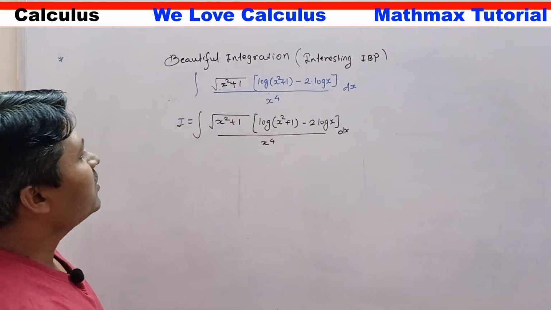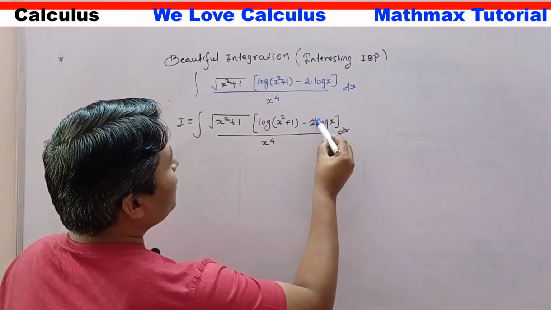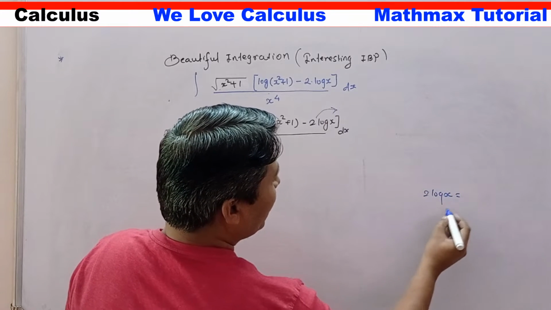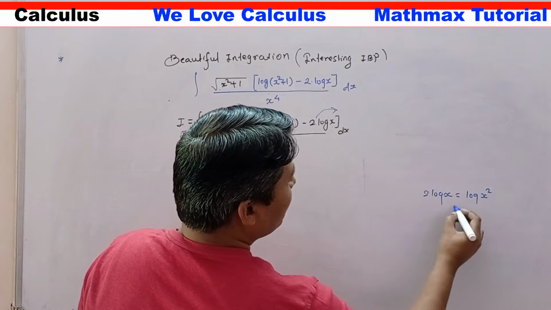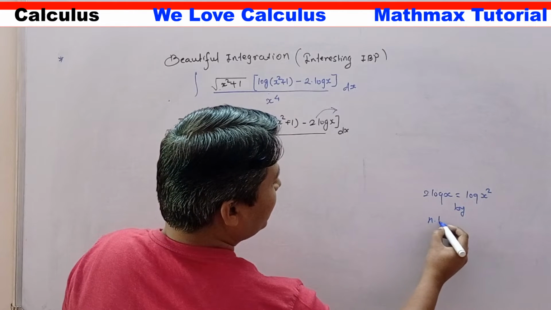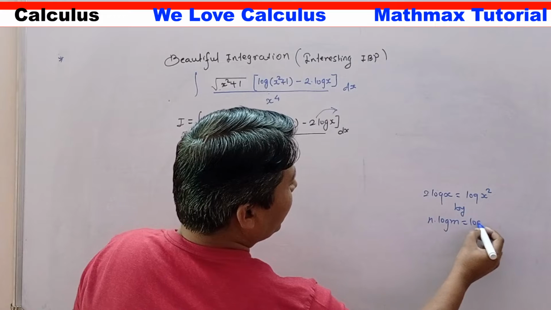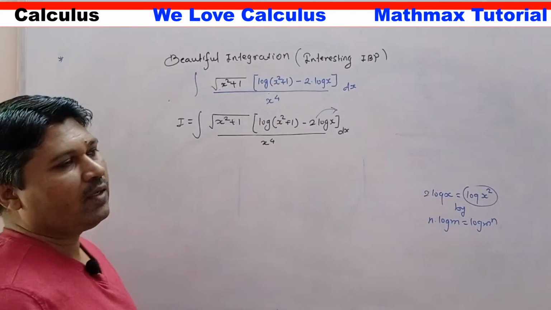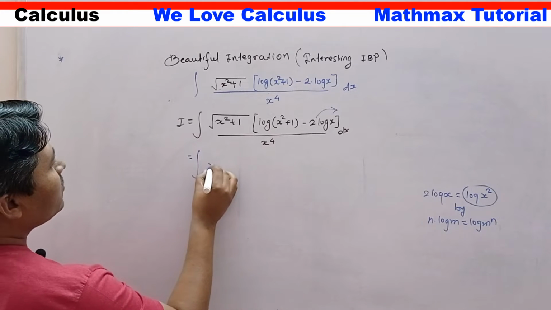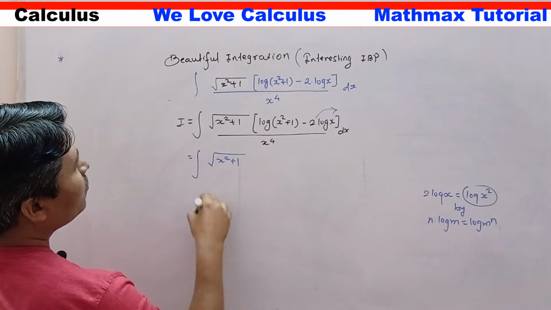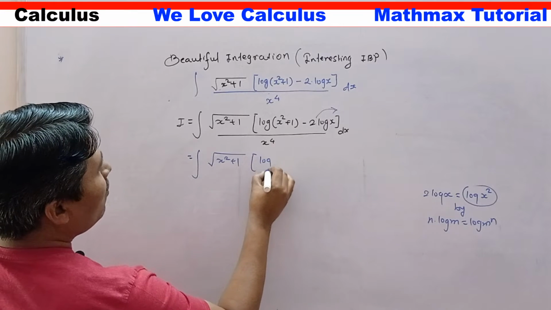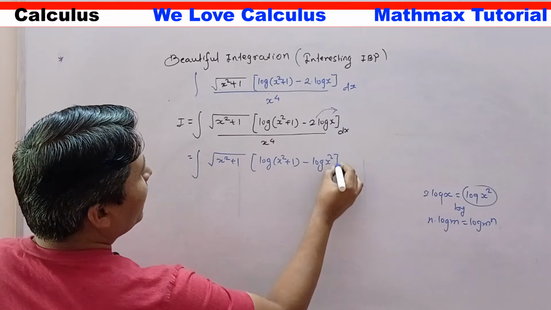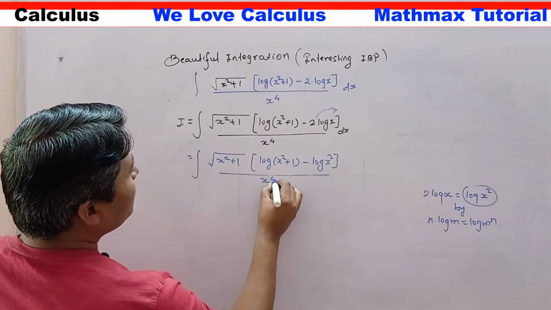Now, in the simplification process, 2 log x we can write as log x square, since n log m equals log m raised to n. Therefore the integral becomes root of (x square plus 1) times (log of (x square plus 1) minus log x square), divided by x raised to 4.